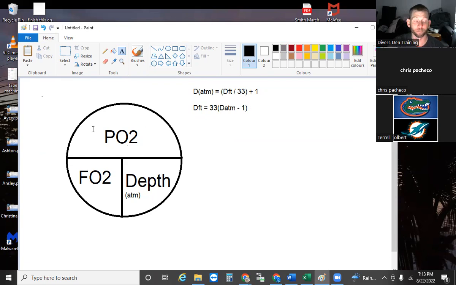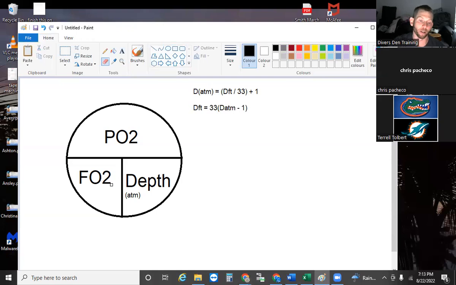Really easy. This is kind of like if you know Ohm's law, it's the same concept. If you want to find partial pressure of oxygen, you multiply these two together. If you want to find the fraction of oxygen that you need, you divide partial pressure of oxygen by your depth in atmospheres.